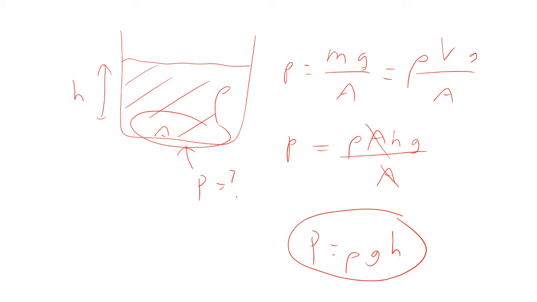So this is a relationship. In fact, we call this the pressure depth relationship, because there's a relationship between pressure and the depth. And that depends on the density and on g.